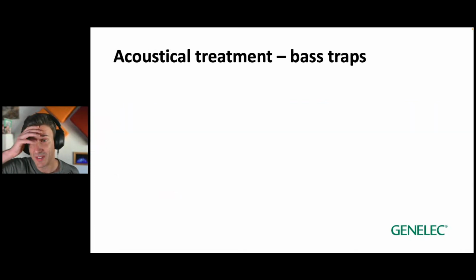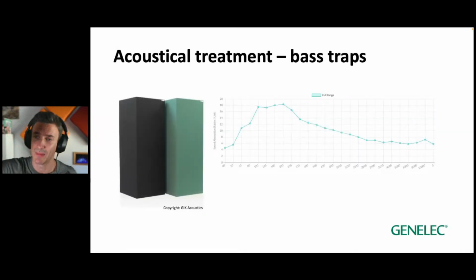Because I spoke about acoustic treatment, for example, this is now something you could use to reduce the reverberance of your room in the bass range. And if it's a product, for example, by JK Acoustics, it always should show you a diagram that gives you the specs. So every product should be measured.